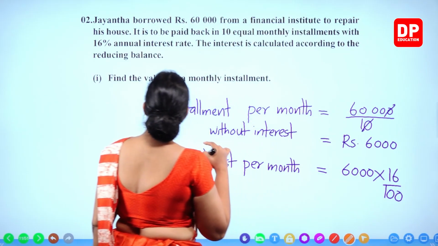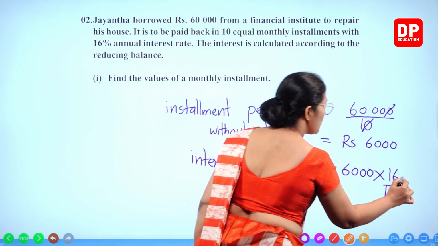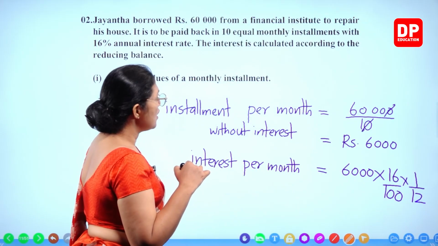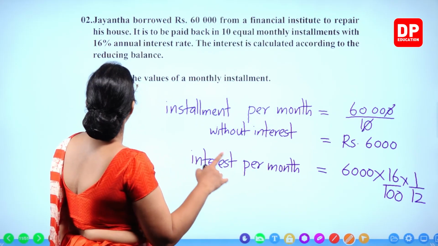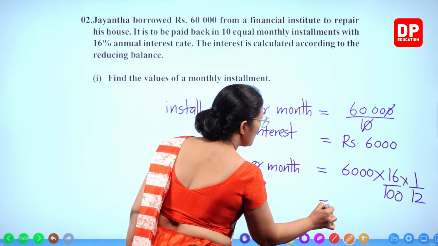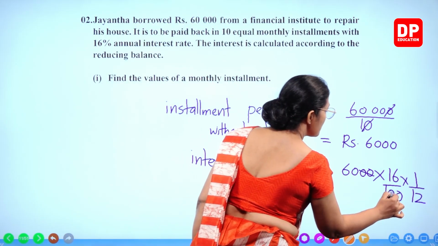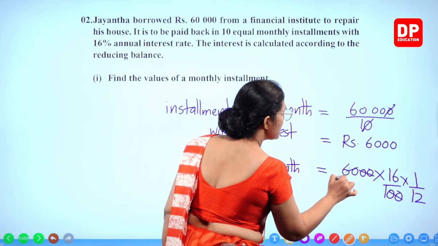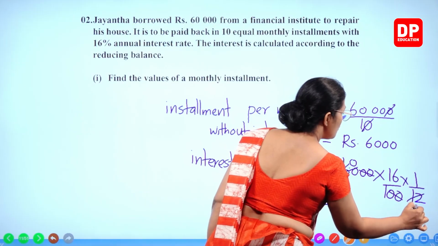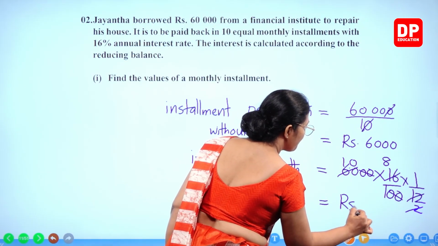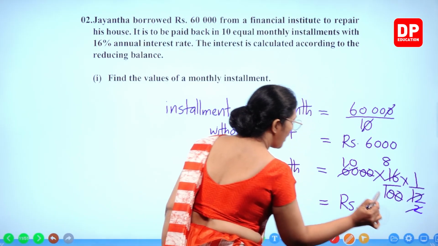This is annually, and you have to divide by 12 to get monthly interest. What is that value? It's 2 zeros. 6 times 2, 2 times 8, 80 rupees is the interest per month.